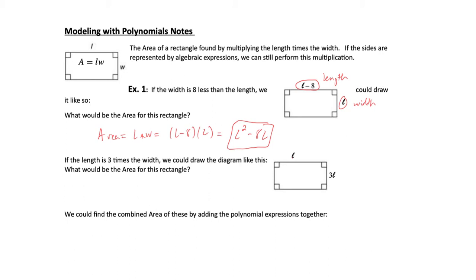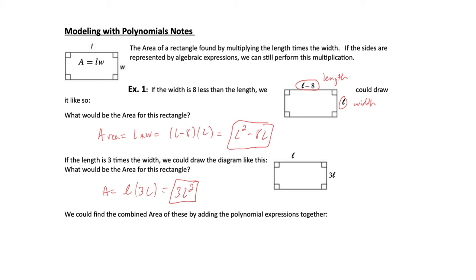So either way works. To find the area of this one, again, it's L times 3L. So your area would be 3L squared.